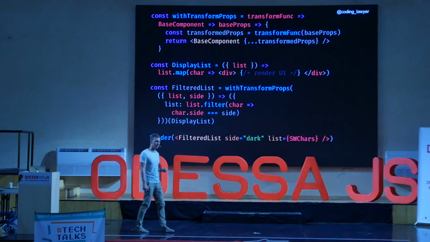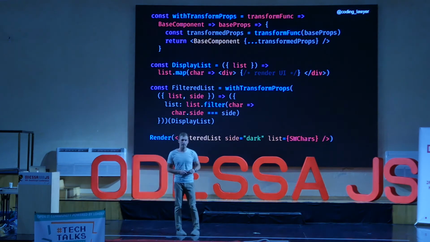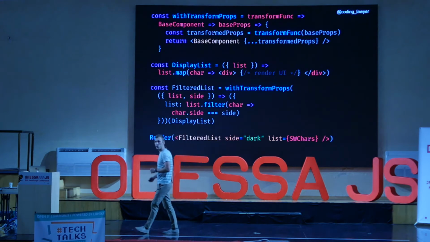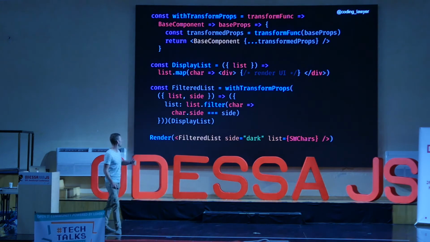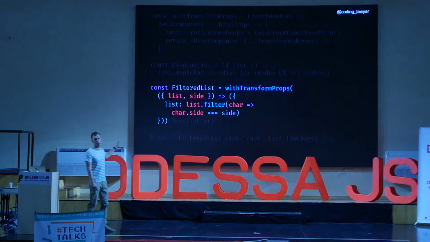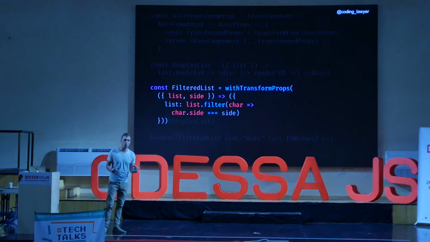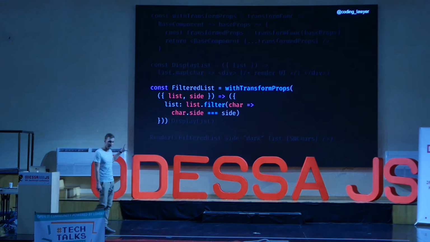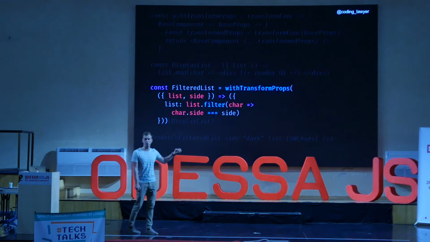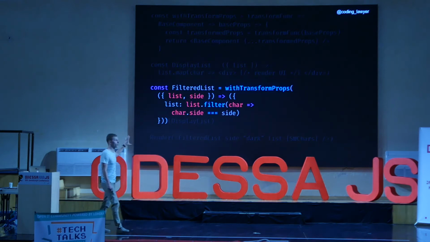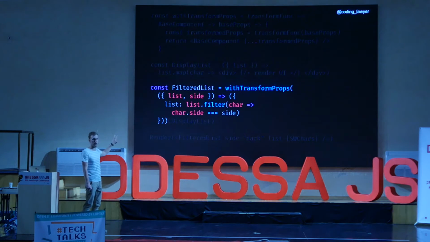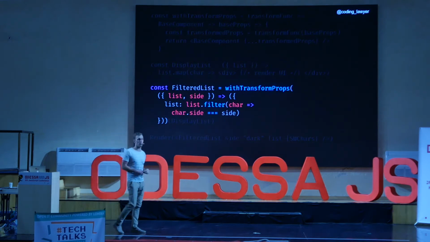So let's take a look at how this works in our example. This example is pretty similar to the previous one. Instead, we are using the reusable version of the higher order component. Again, we have the filteredList component and the withTransformProps higher order component. Before, we were firstly passing the displayList component, but now we are passing our configuration function. As you can see, the configuration function takes list and side props and returns a list of filtered Star Wars characters.